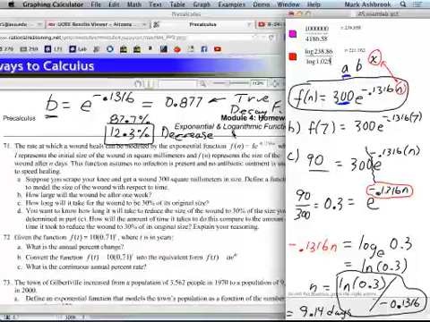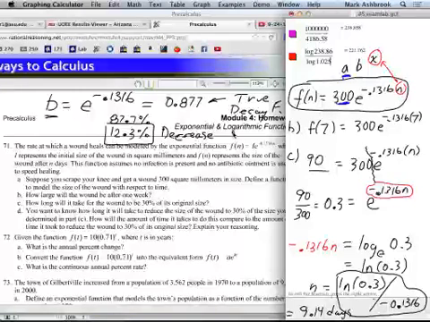So over one whole day, it only goes down 12.3%, because in that first day, the total size of the wound is shrinking. By taking the same percent of a smaller and smaller value, you get a smaller and smaller value. And so the overall effect is to go down less than 13.16%, actually 12.3%.